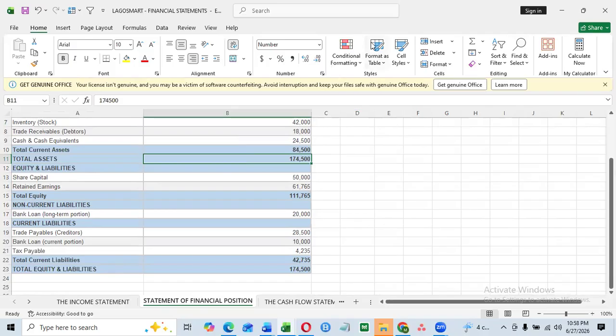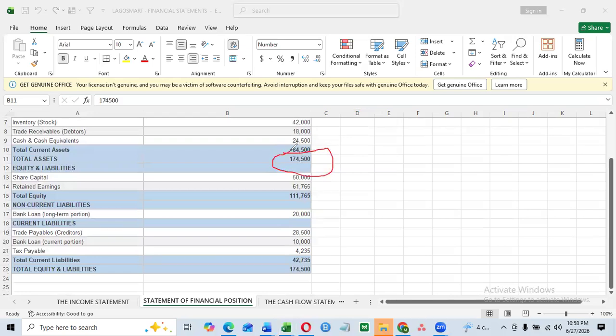Now, look at this total assets and also look at total equity plus total liabilities, which gives us 174.5 million.